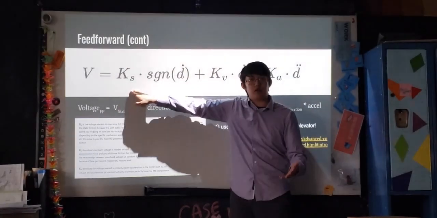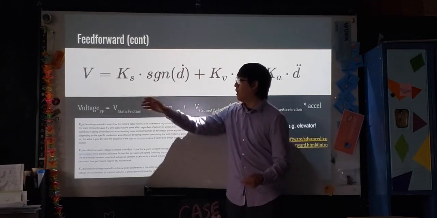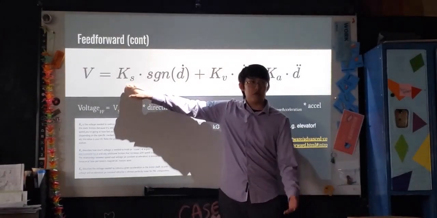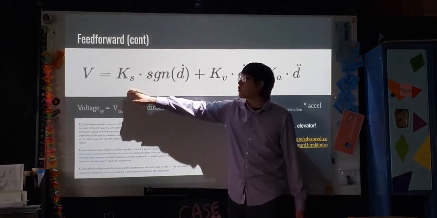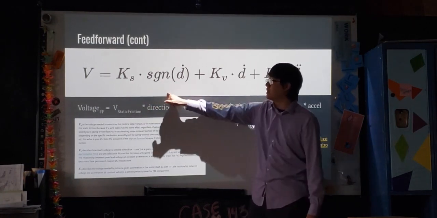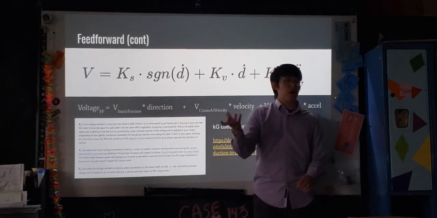K denotes a constant. It's just a number, it doesn't have any units. And these constants are very important and can be determined through empirical testing. So Ks is your static friction constant, and sign of d denotes the direction the motor is moving, either positive or negative.